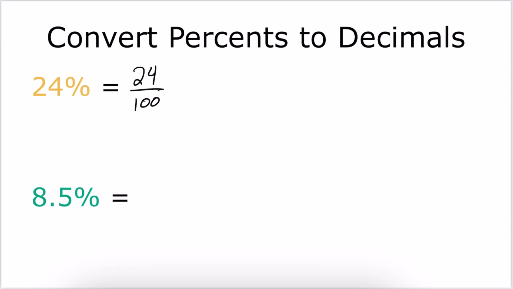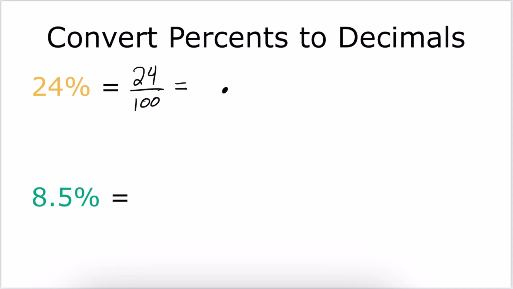And when we're thinking about this and we want to write it as a decimal, remember that decimals are also special fractions that have denominators of 10, 100, 1,000, and so forth. And so the fact that we have a fraction that's written with a denominator of 100 means that it should be pretty easy to write this as a decimal. We just think about, okay, well, where is the hundredths place value in the decimal system?